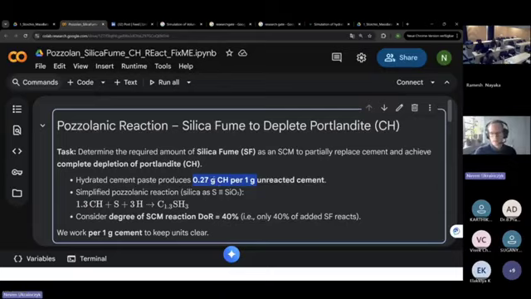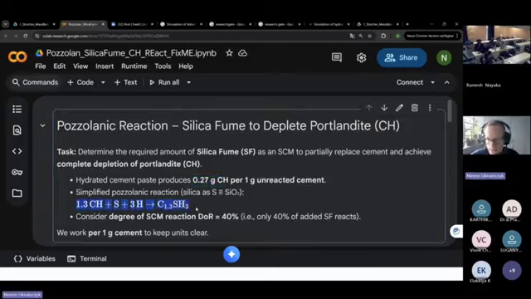This is the amount of portlandite that you produce when you react cement. You also saw it in the slides, maybe around 20 to 25, 27, 23. This is maybe more for C3S, it's a higher amount of portlandite. So depending on the cement, you can also change this value.